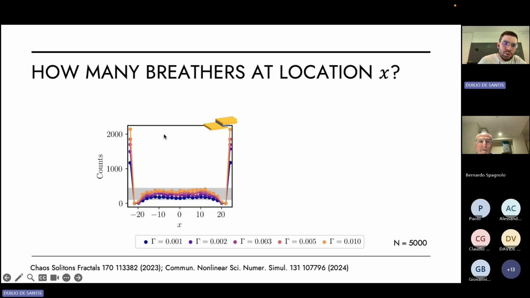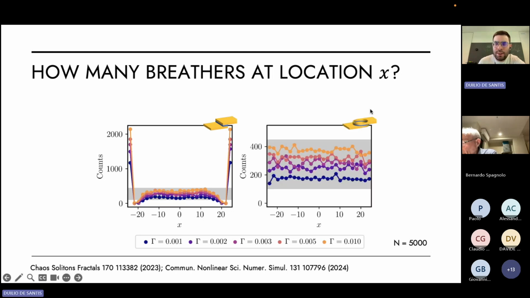It's due to the fact that at the boundaries we can have these kinds of half breather modes that are very favorable in energetic terms. So we have this kind of weird phenomenon due to boundary conditions. But far from the edges we get somewhat uniform probability of generating breathers.